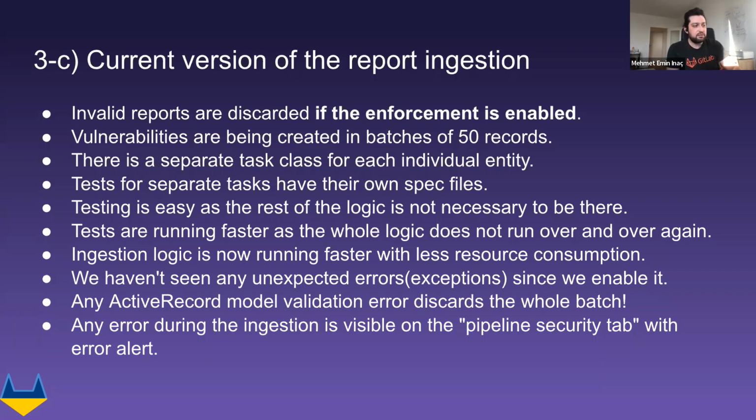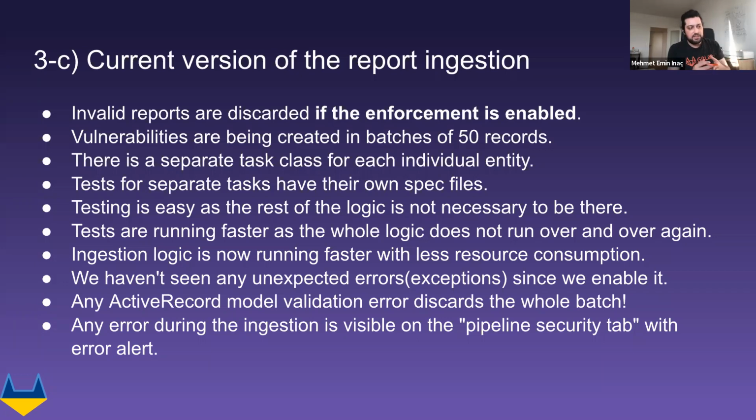And any ActiveRecord validation error, this is actually a downside of this approach. We also apply ActiveRecord validations to prevent creating invalid records, because maybe schema validation passes, but we introduce a model validation which doesn't validate the record.